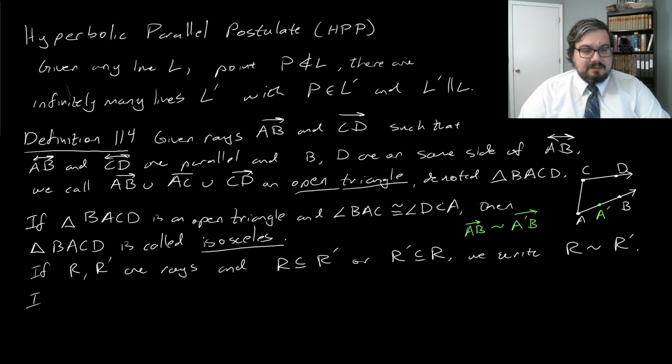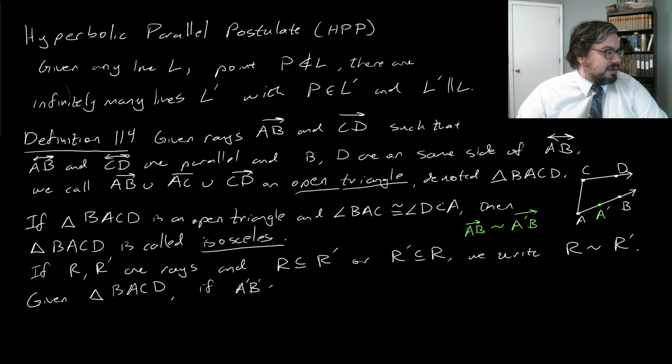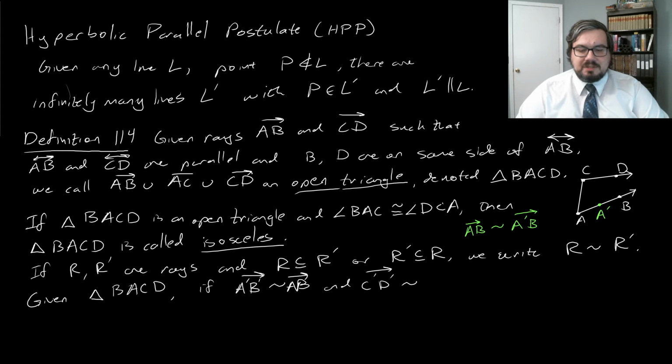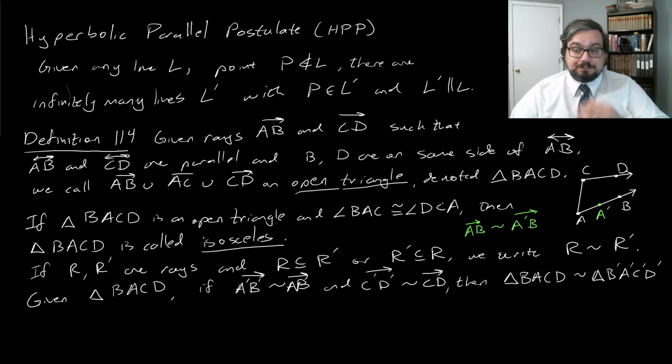So given open triangle BACD, if we have that the ray A prime B prime is equivalent to the ray AB, and the ray C prime D prime is equivalent to the ray CD, then we say that the triangle BACD is equivalent to the triangle B prime, A prime, C prime, D prime.